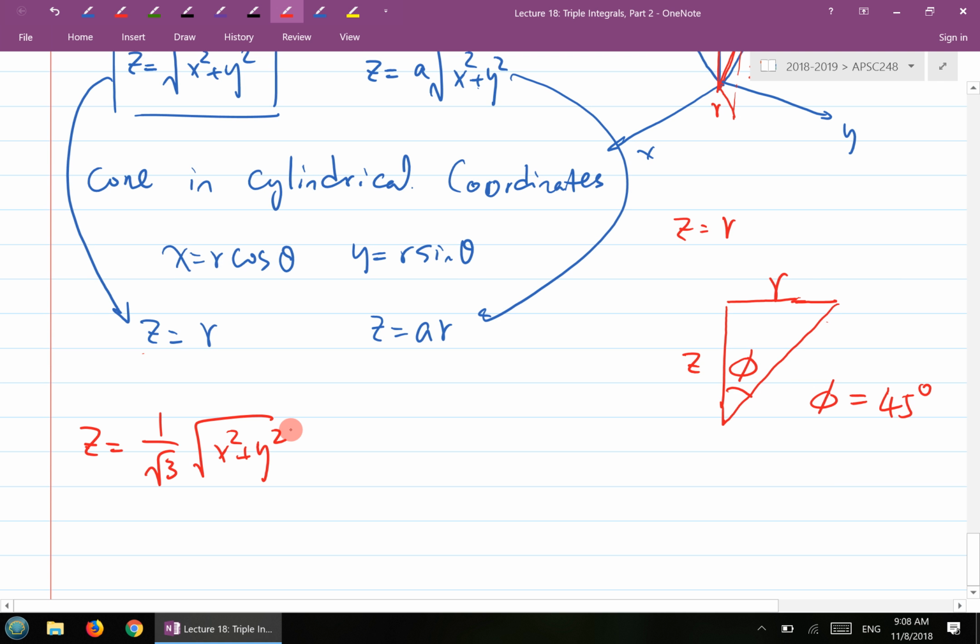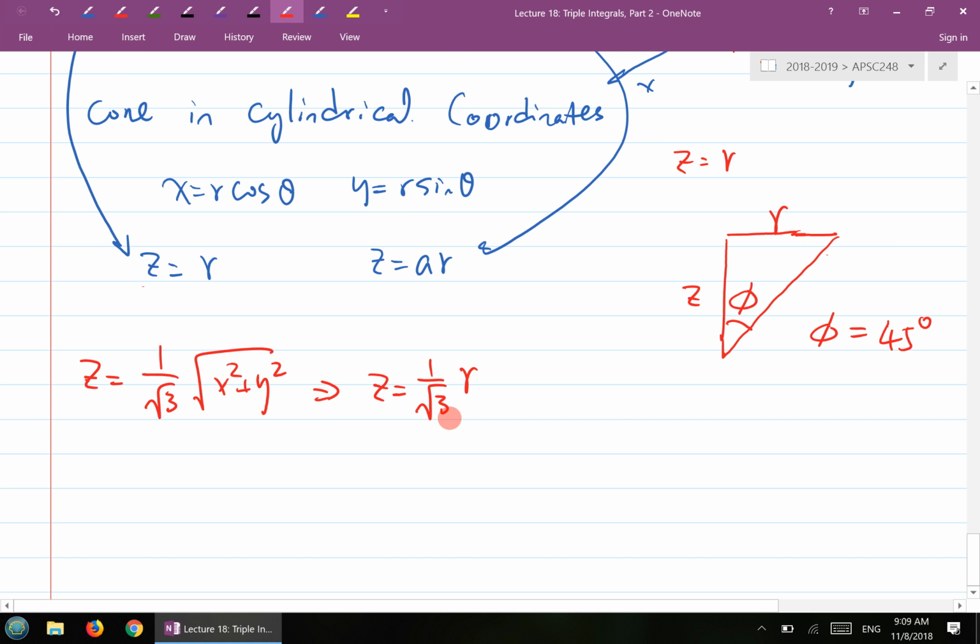What kind of cone is this one? I can simplify this into 1 over root 3 times r. I want you to relate this to the angle phi here. If this is 1 over root 3, other than 1, then what will be the phi angle?